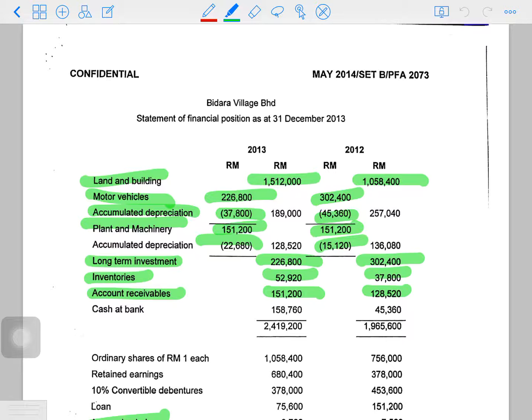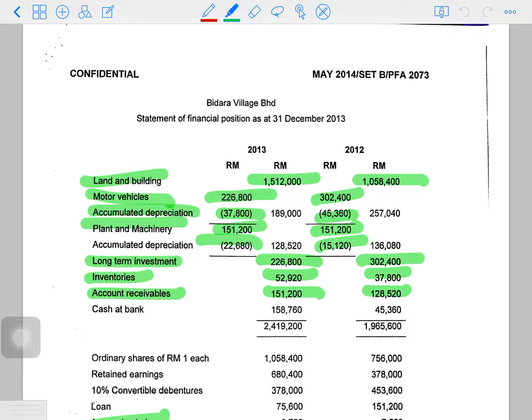And then ordinary shares pula. Ordinary share, balance brought down, balance carried down. Ordinary shares ni dia kata dalam soalan tu ada conversion kan. Conversion of 10% debenture into ordinary shares kan.